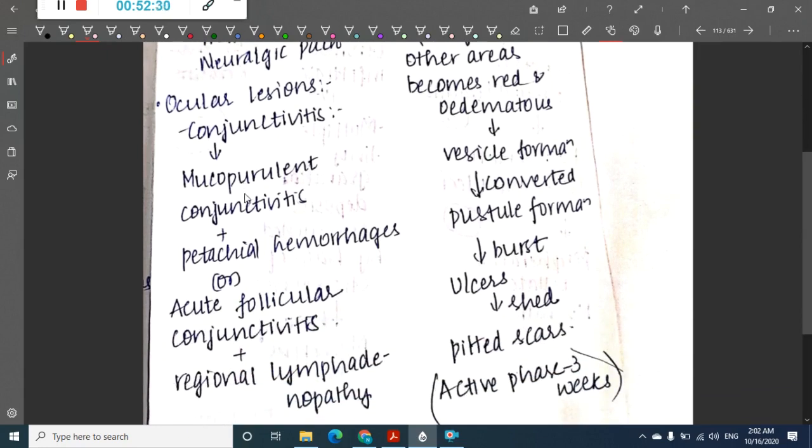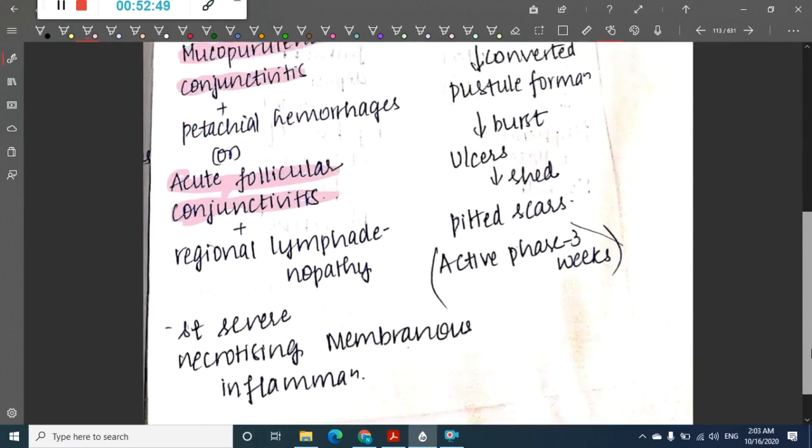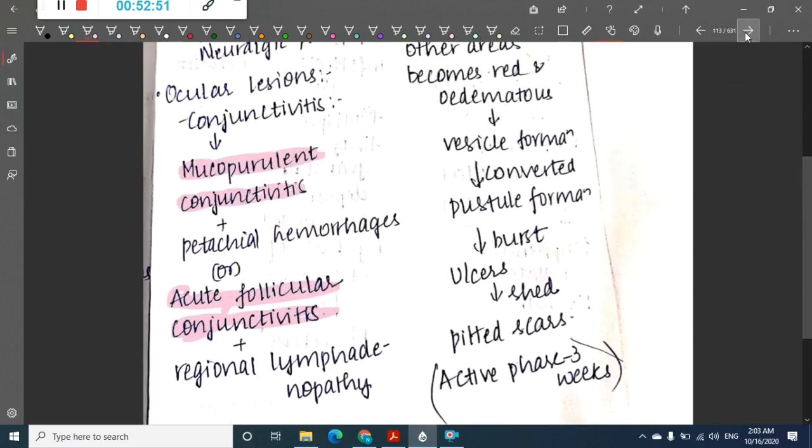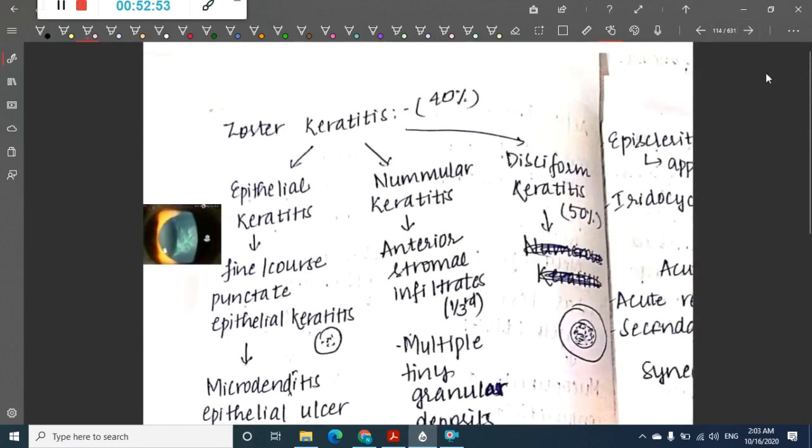What is related to ophthalmology is that in varicella zoster infection, you mainly see mucopurulent conjunctivitis or acute follicular conjunctivitis. This is the only important thing.